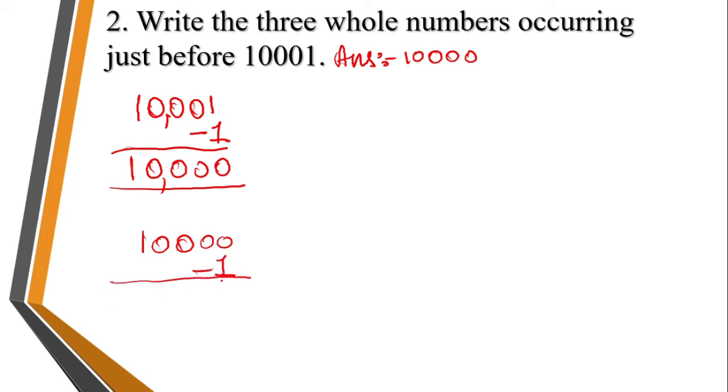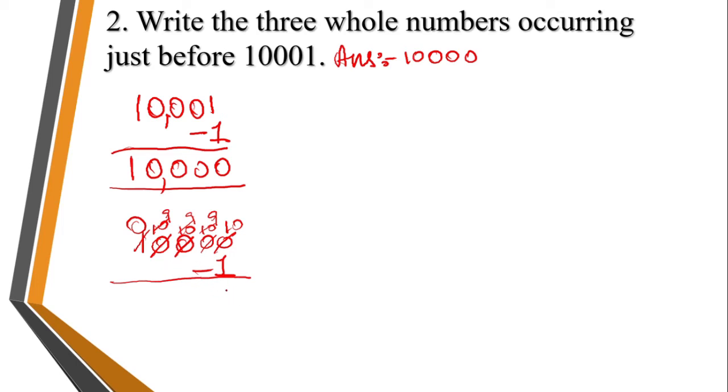Now, 0 minus 1 is not possible and we can't even borrow from zeros. So, 1 will be 0 and 0 will become 10 and again 9, and again it will become 10 and 9. So, all the numbers will become 9 and the 0 will become 10. So 10 minus 1 is 9 and 999 will be as it is because we don't have any numbers below them, right?